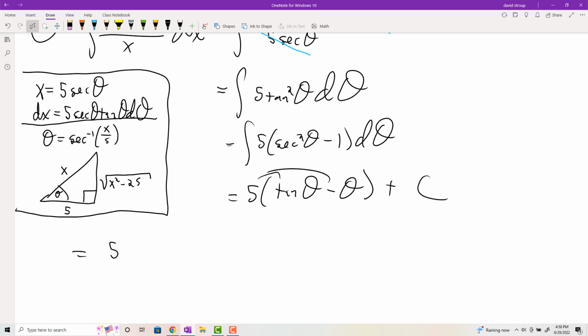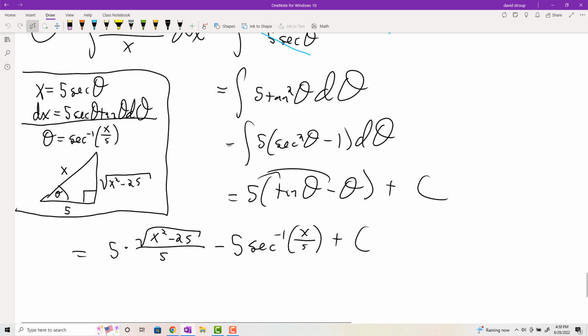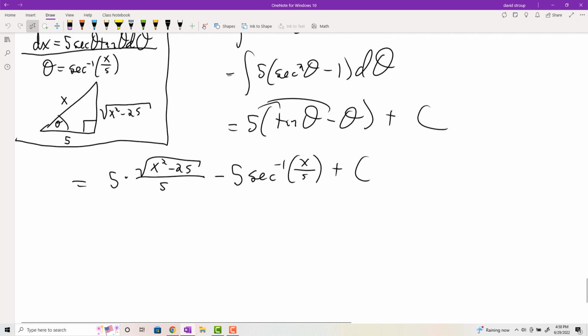Tan theta, now I go back to the triangle. So tan is opposite over adjacent. So this will be 5 times the square root of x squared minus 25, all over adjacent, which is 5. And then minus 5 times theta. And unfortunately, we just have to stick with the secant inverse here. Okay, and that's pretty much it. You clean it up by canceling out the 5's. But that's more or less the answer.